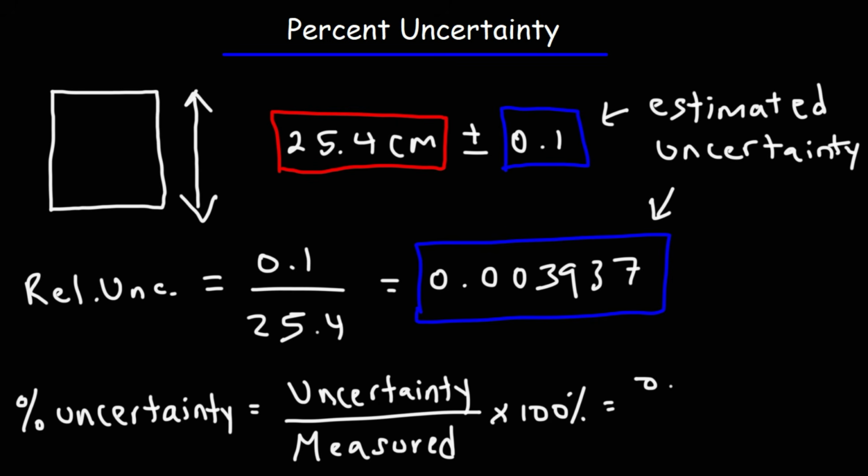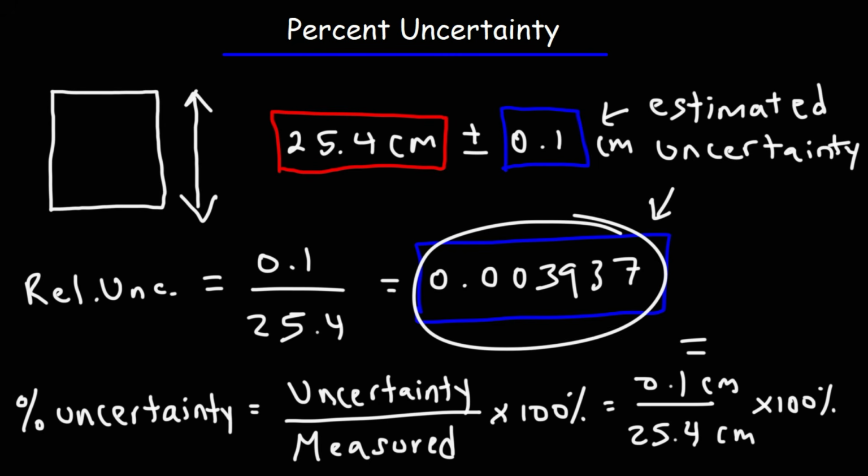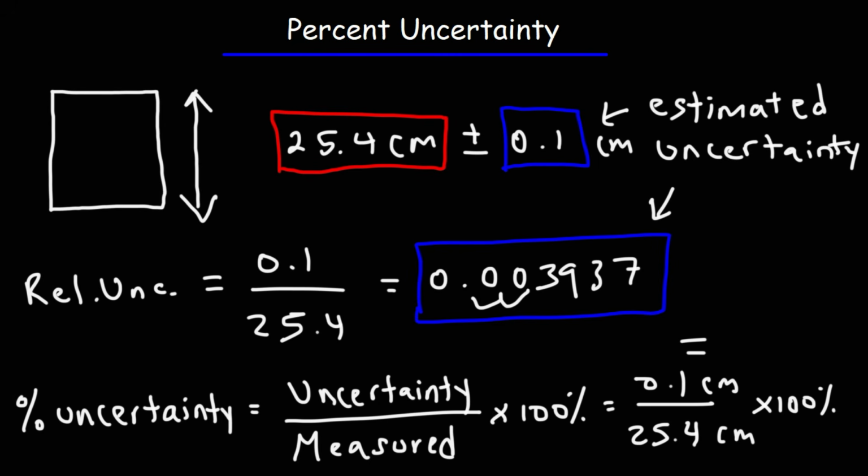So in this case, it's going to be 0.1 divided by our measurement, which is 25.4 centimeters. By the way, both of these numbers are in centimeters. And then times 100%. So it's going to be what we see here times 100, or if we move the decimal 2 units to the right, we're going to get 0.3937%. So that's how you can calculate the percent uncertainty.